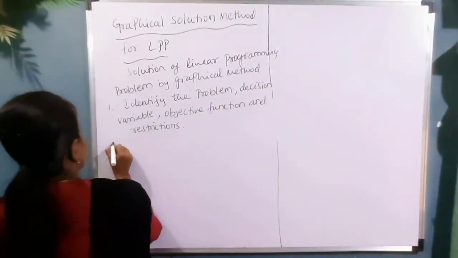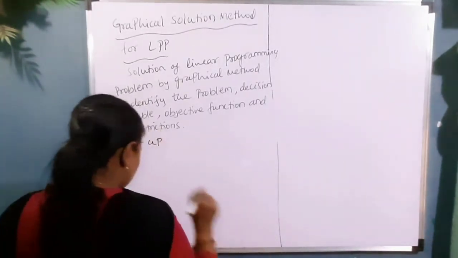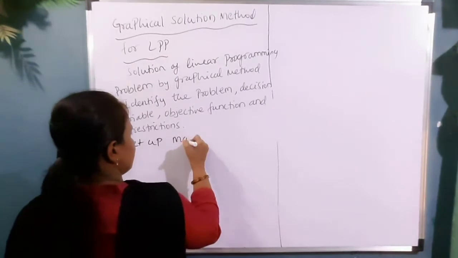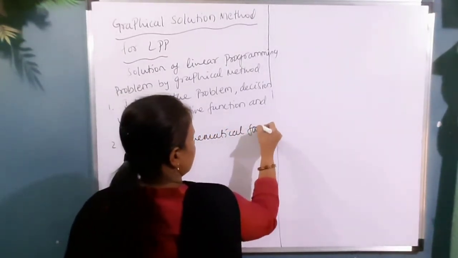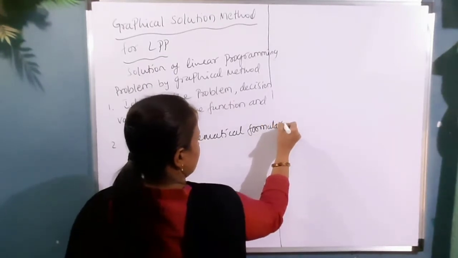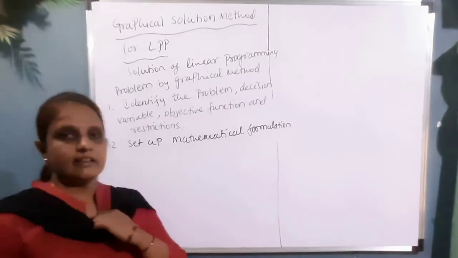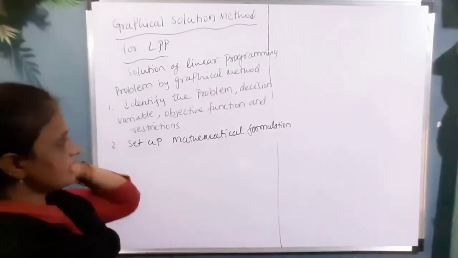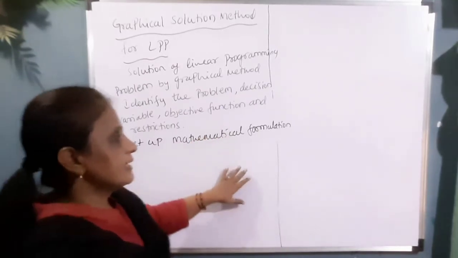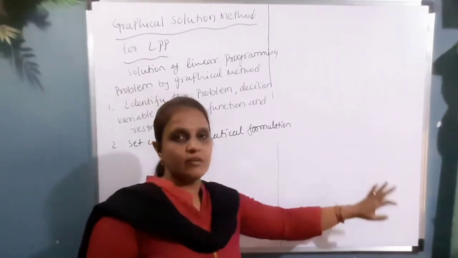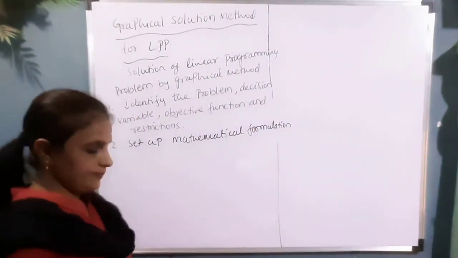Second step: set up the mathematical formulation, meaning writing the LPP. If the LPP is given directly, then step 1 and step 2 are not needed. If a problem is given as formulate and solve by graphical method, then we need step 1 and step 2.